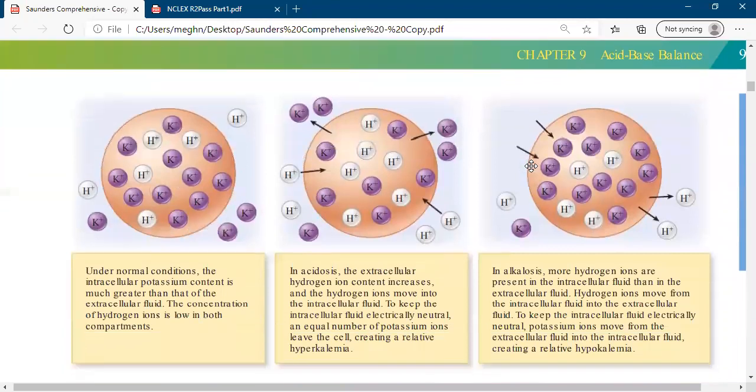So this picture is just showing the concentration of hydrogen in the body and what condition tells what: when concentration increases, when concentration is reduced, and what is normal. So if I talk about acidosis here, the extracellular hydrogen ion concentration increases. In alkalosis, more hydrogen ions are present in intracellular fluid than extracellular fluid.